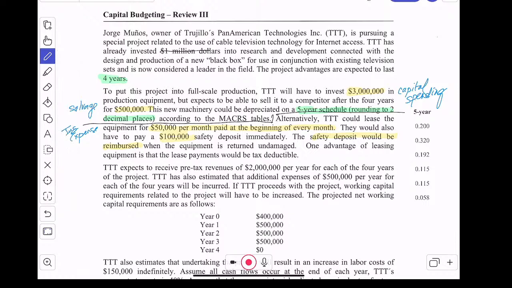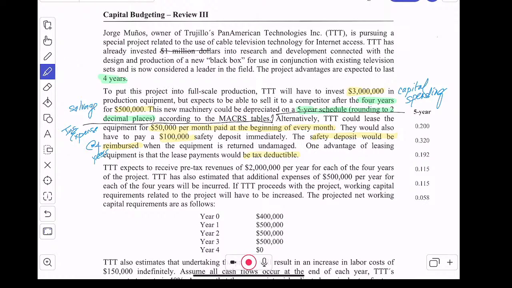Or 5. How many years is this? 4 years. So make a note here at 4 years, at year 4. One advantage of leasing equipment is that the lease payments would be tax deductible. Aha. Right? So anyway, it's a tax deductible expense. So we'll treat it like the regular expenses.